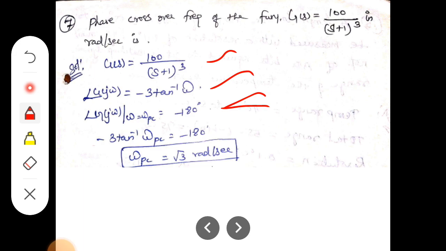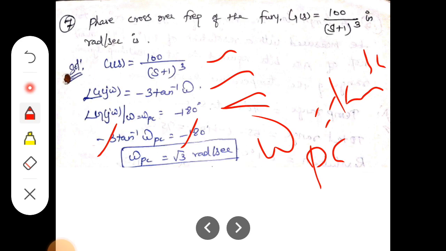The minus signs cancel, then 3 cancels into 60. We want the omega value, so tan inverse goes inside. So omega pc is equal to tan of 60, that is root 3. So the final answer is omega pc equal to root 3.